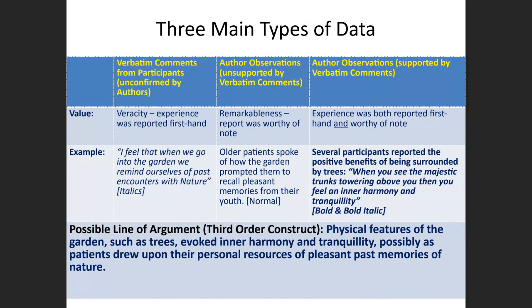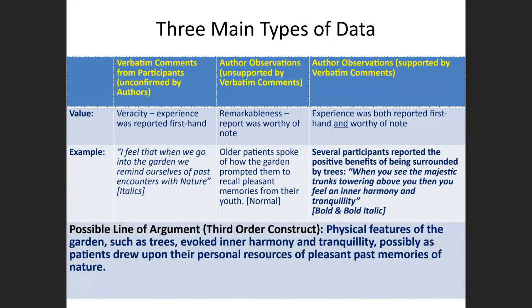Perhaps an alternative is where the author makes a statement and we don't have the underpinning data, so we're being asked to follow the narrative being described by the author. And here we benefit not in terms of the veracity, but in terms of the fact that the author felt that this was of note, that it was an observation that needed reporting. So we're getting something about significance here, or remarkableness, as we put in the slide.